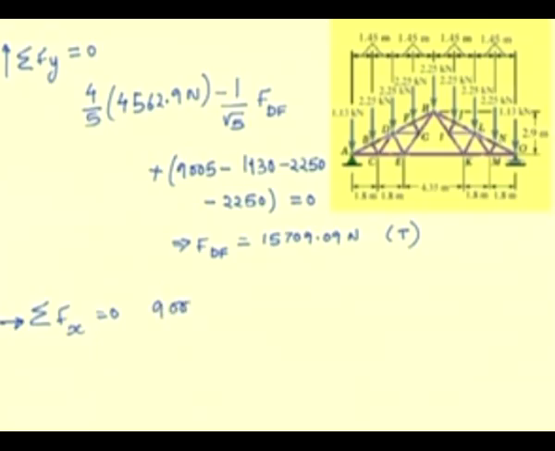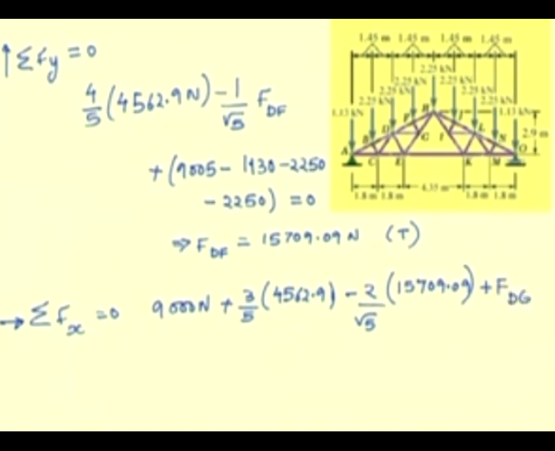We have this 9000 Newton force in the member EK, plus the component of the force in the member EG, plus the component of the force in the member DF, plus the force in the member DG, which is a horizontal member, and so the force in the DG has to be added.